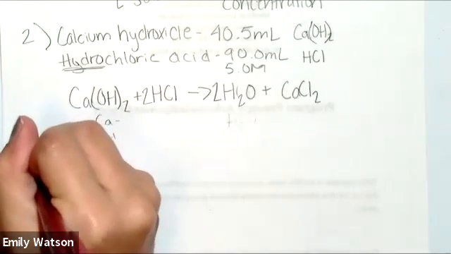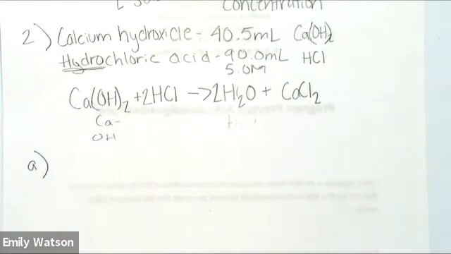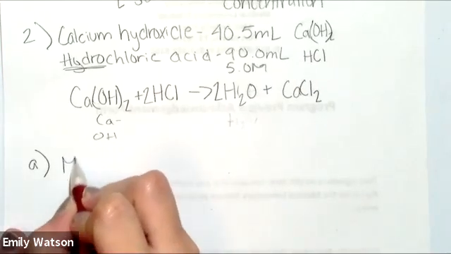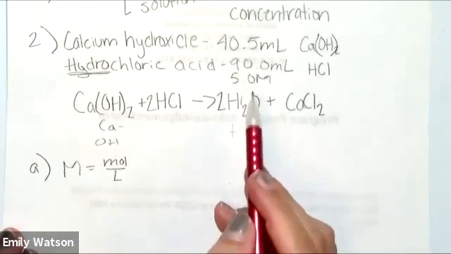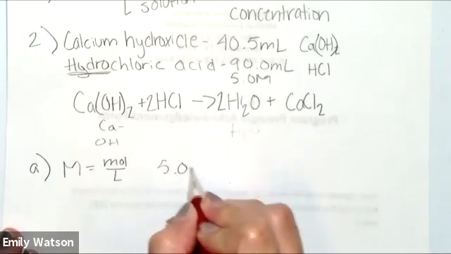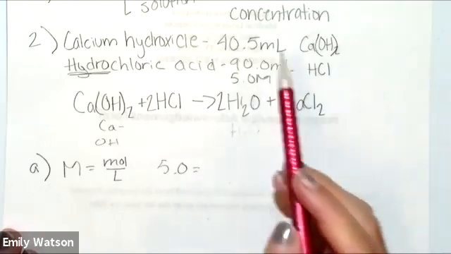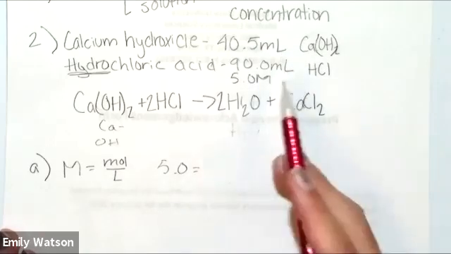So part A, how many moles of hydrochloric acid were present? You don't actually need the equation for this. Do we have what we need in the problem to find moles of hydrochloric acid? Yes. Molarity is equal to moles over liter. We have molarity here, 5.0, and we have milliliters.